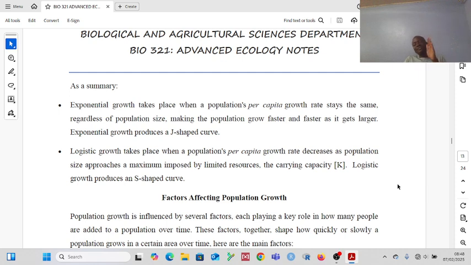So as the numbers get near to the carrying capacity, the growth rate decreases. So you have an S shape in the logistic growth. But in the exponential growth, the growth rate increases forever. So it is the J shape. Okay, it's the J shape.